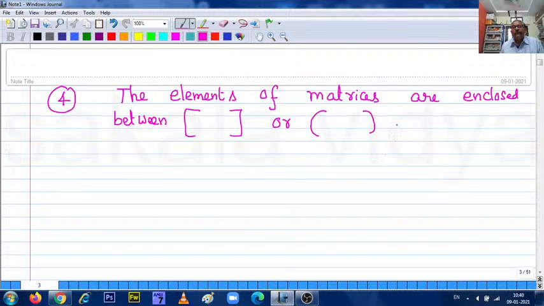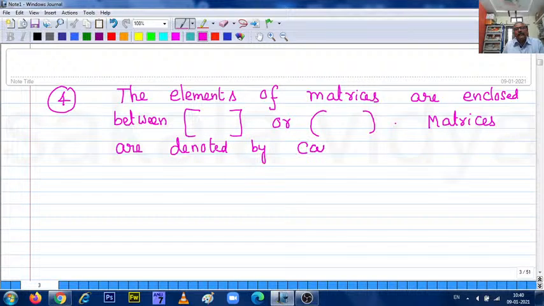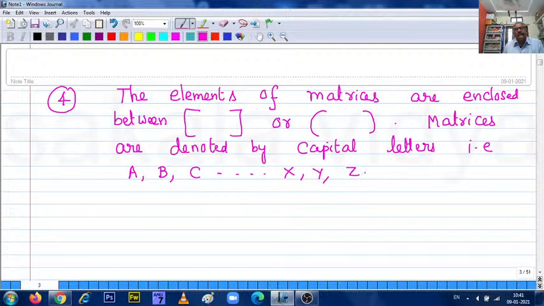Now matrices are denoted by capital letters, that is capital A, capital B, capital C, and so on, X, Y, Z. A matrix, B matrix.